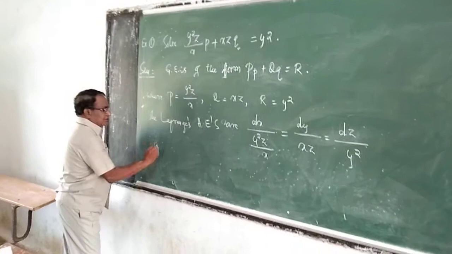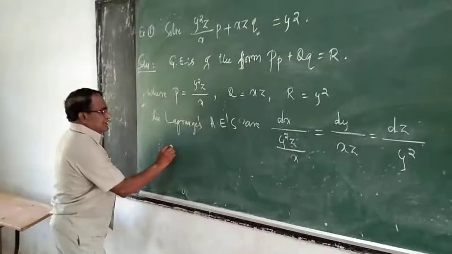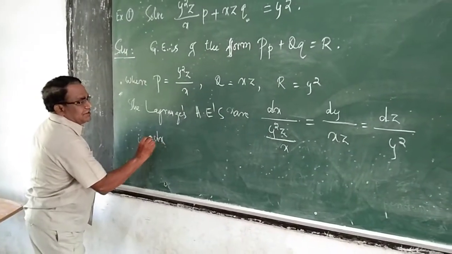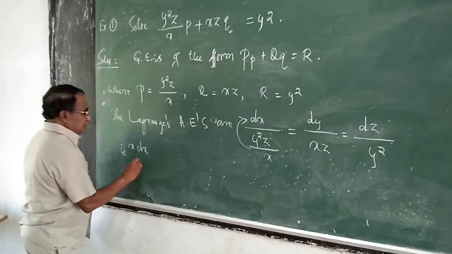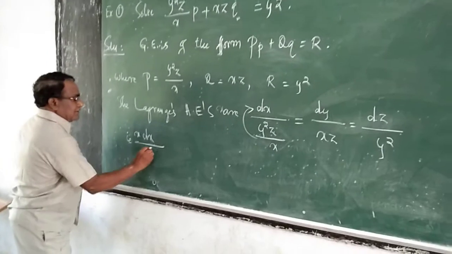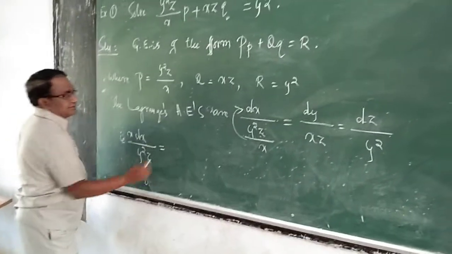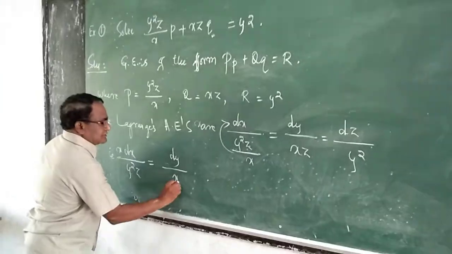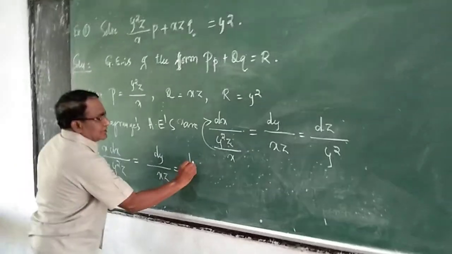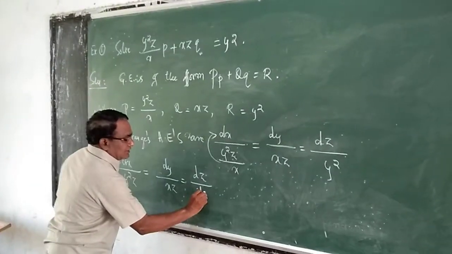This may be written in this fashion: this x goes to the numerator here, x into dx divided by y squared z is equal to dy by x z is equal to dz by y squared.